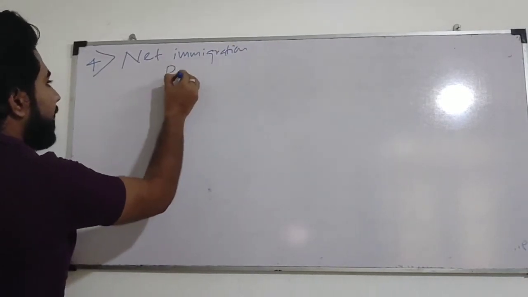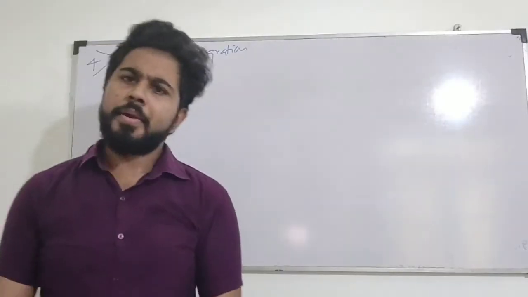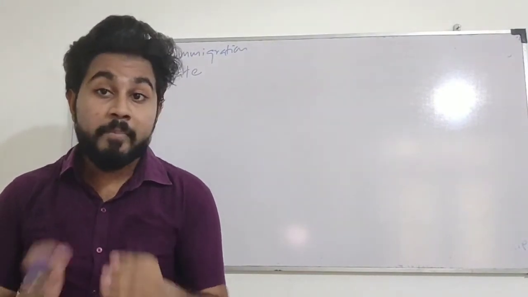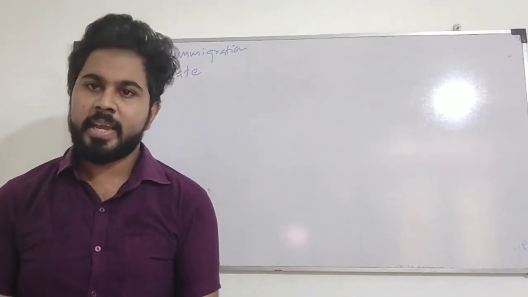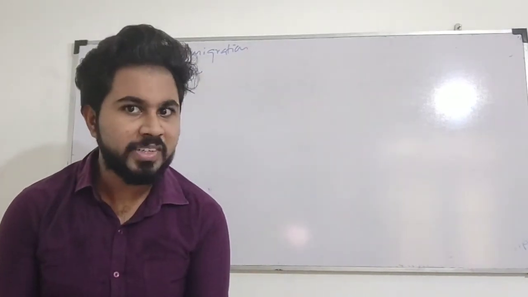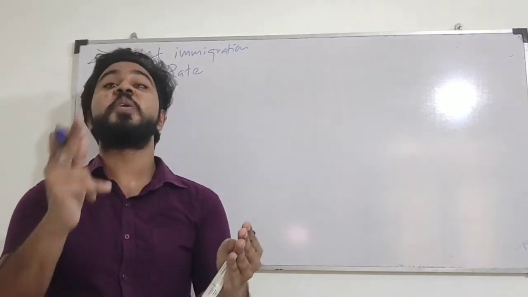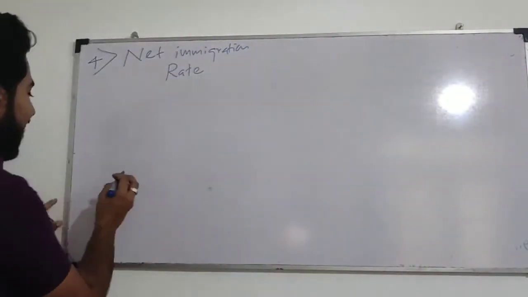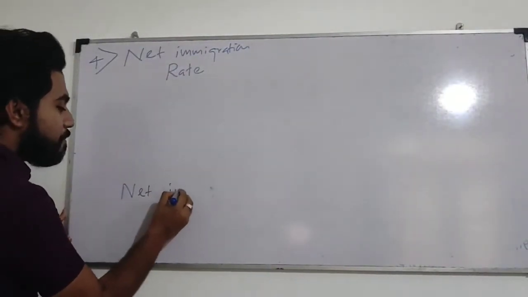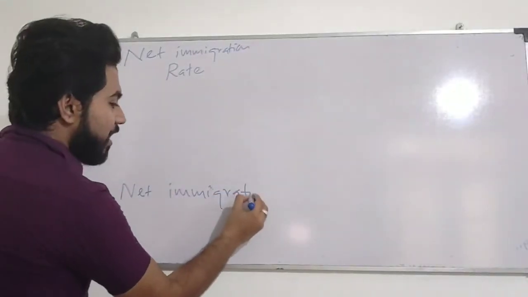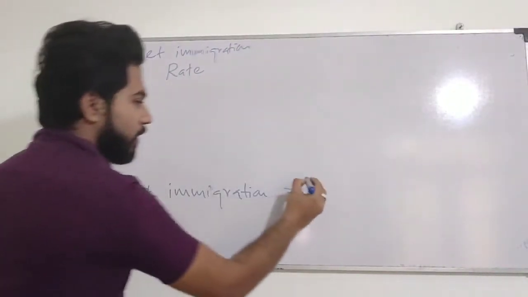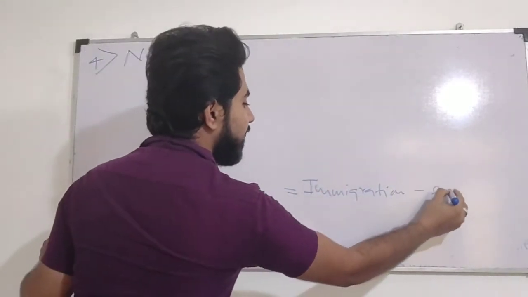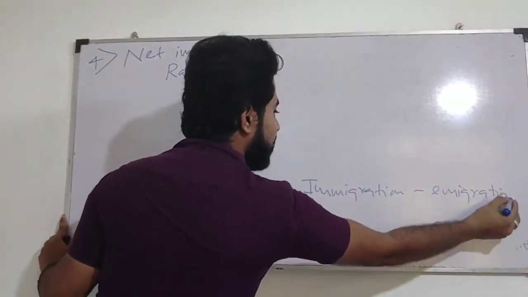Now, in the last video, we discussed the meaning of net immigration. That is the difference between immigration and emigration. Net immigration is equal to immigration minus emigration.